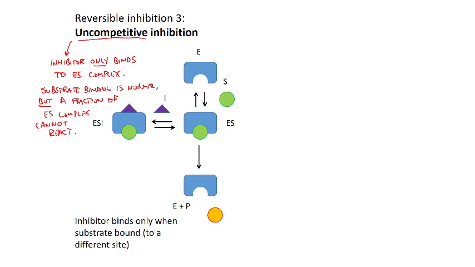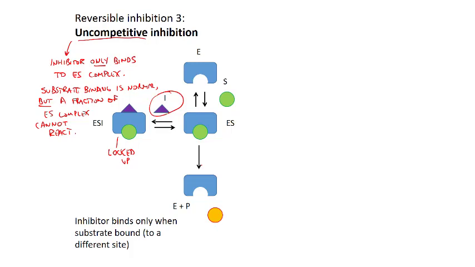So if you want to think of it graphically, the enzyme and the substrate bind normally, but then after they bind, here comes the inhibitor. It binds the substrate complex and it locks it up so that it can't react. The only way it can react is for the inhibitor to come off, which it can, and then you have just a regular enzyme substrate complex again.